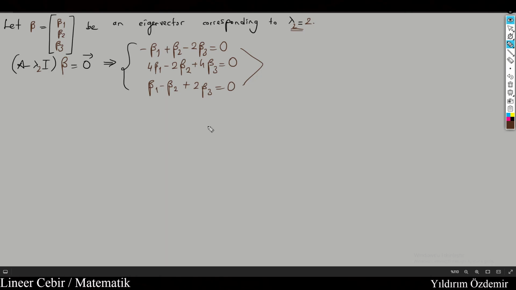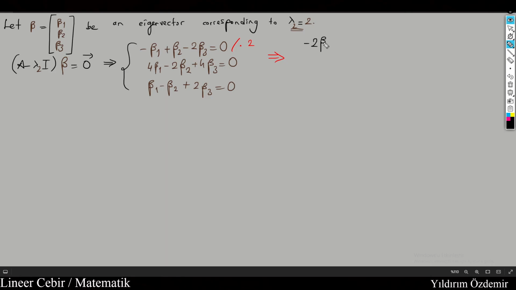So let me first multiply the first equation by 2, and I'm going to write the first and the second equation.